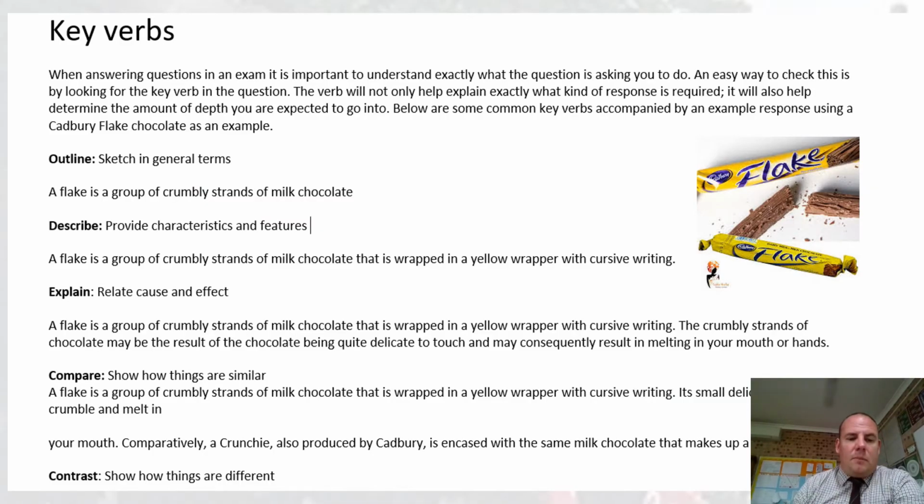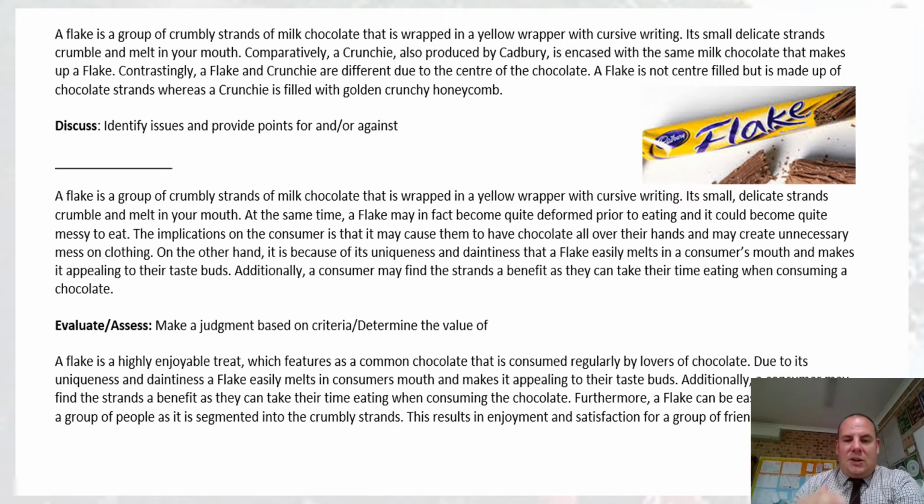Now, we'll do this activity in class, but it's really important to look at these key verbs, because what you're going to do is use these key verbs in your answer. And as we go down this page of verbs in a question, they basically get harder.